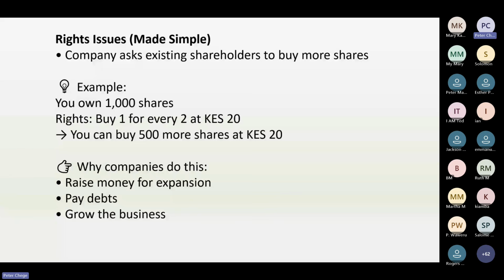And remember, these companies are already listed. Also to grow their business without incurring additional debts. So they are borrowing from you by giving you additional shares at a lower price.